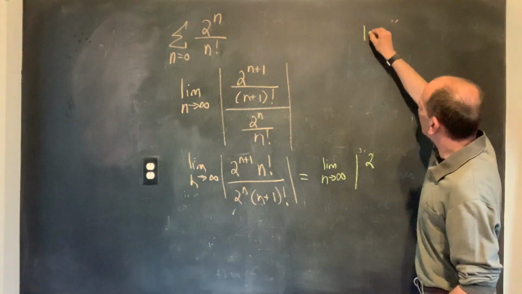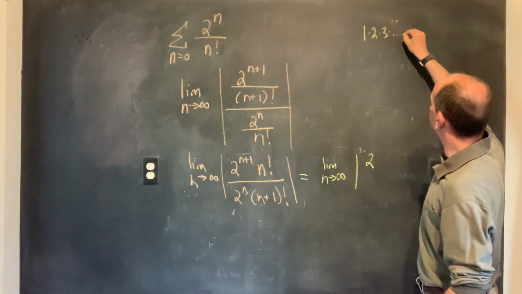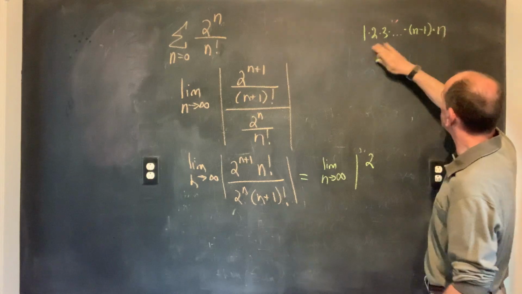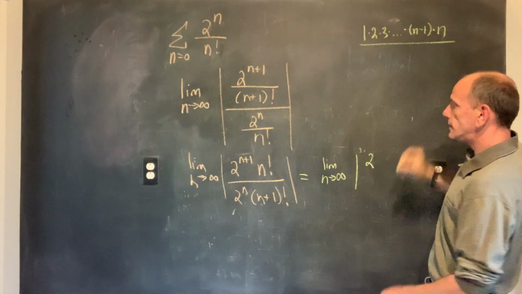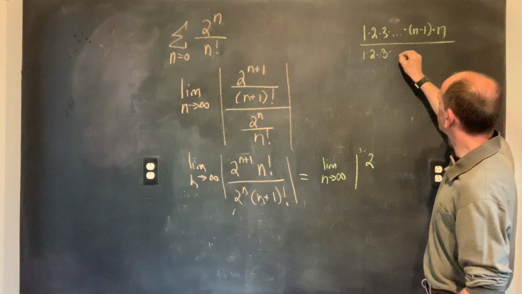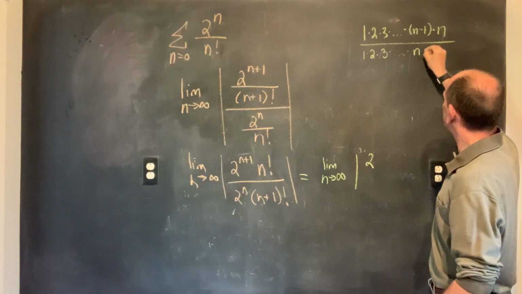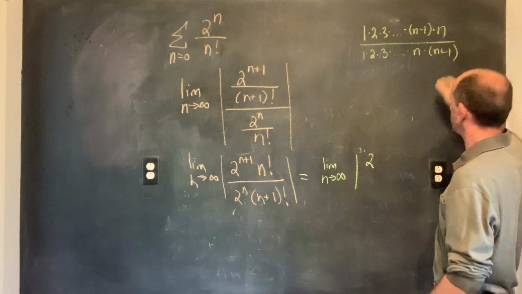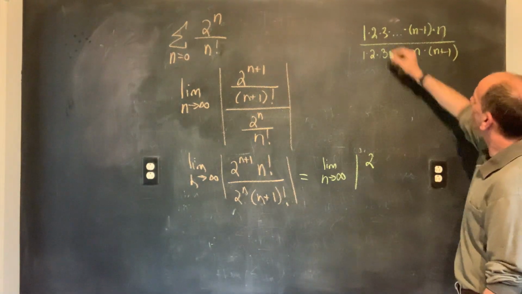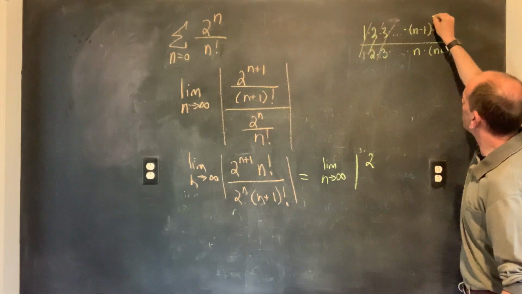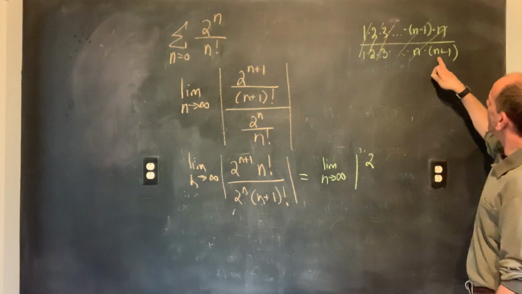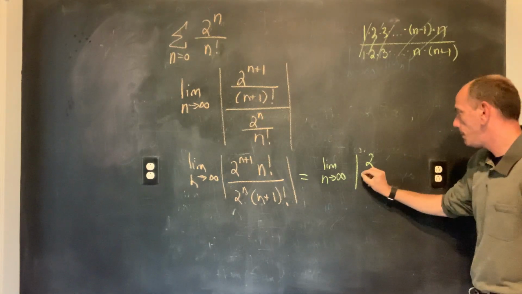The n factorial is 1 times 2 times 3 times up to n minus 1 times n. Downstairs, I have 1 times 2 times 3 times up to n times n plus 1, that's n plus 1 factorial. So all of this stuff becomes 1, and I'm left with just 1 over n plus 1.